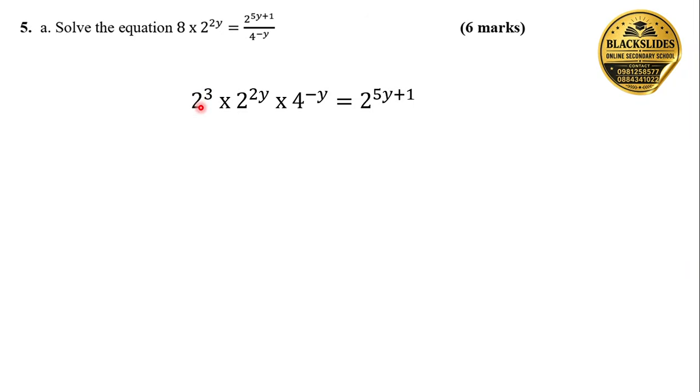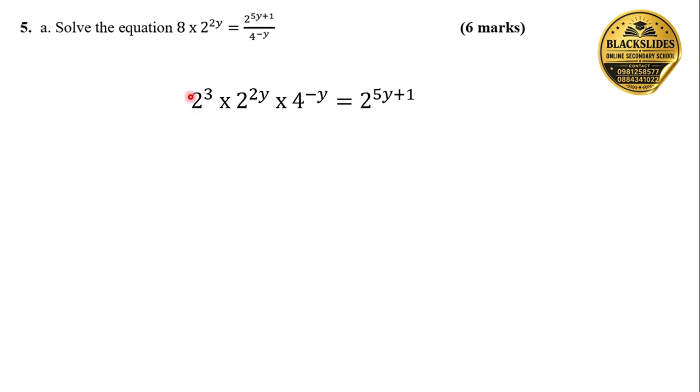So 8 is just the same as 2 to the 3. And then we just bring this one down here. Take note that 4 to the power y means 2 to the 2y.